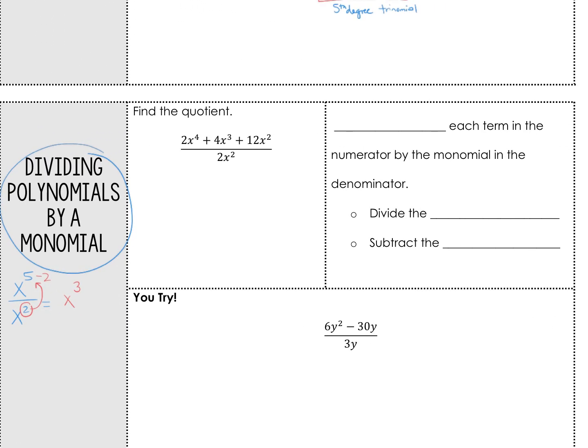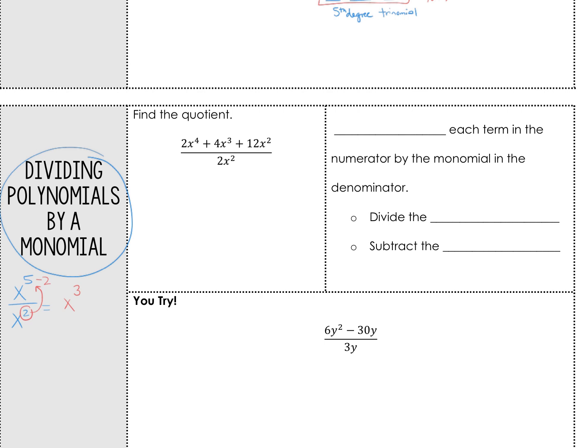With dividing, what we're going to do is divide each term in the numerator by the monomial in the denominator. We're going to divide the coefficients, and we're going to subtract the exponents. That's the rule from last chapter, subtracting exponents.